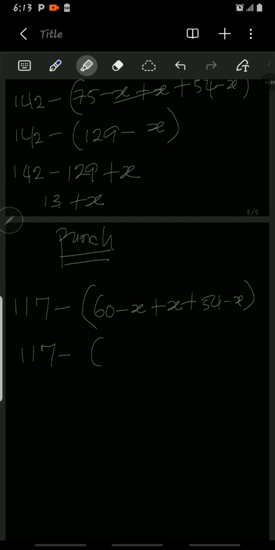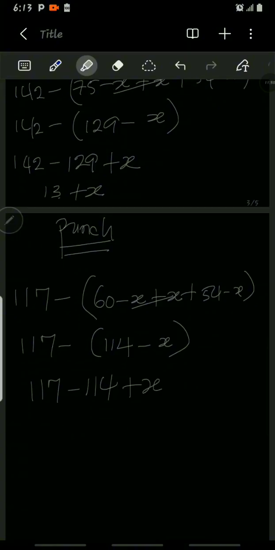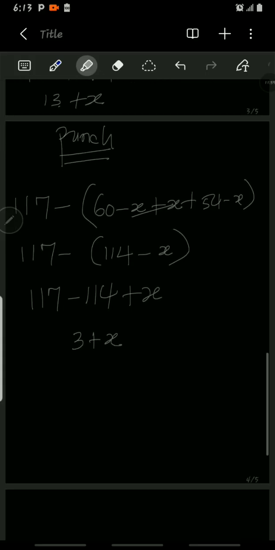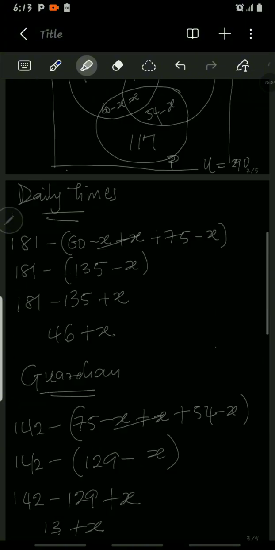So when I sum it up, I have 114. So 114, minus X plus X is gone, so I just have a negative X left. So when I expand, I have 117 minus 114 and then plus X. So when I subtract this, I have 3, right? If you subtract this, you have 3 plus X. Okay, now I'm done interpreting the whole question in my rough sketch.